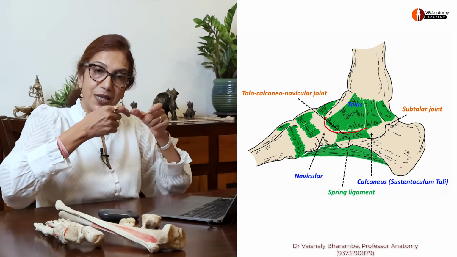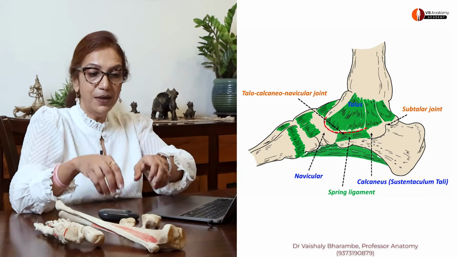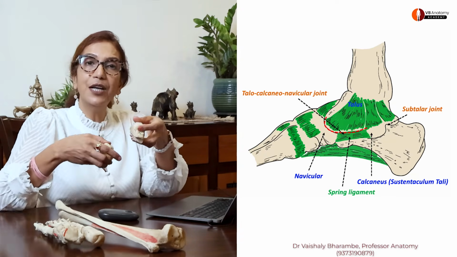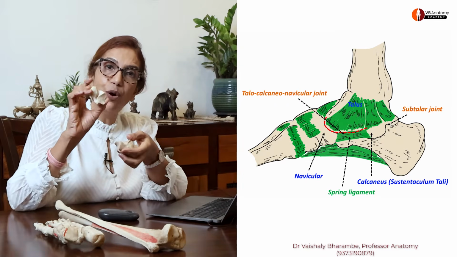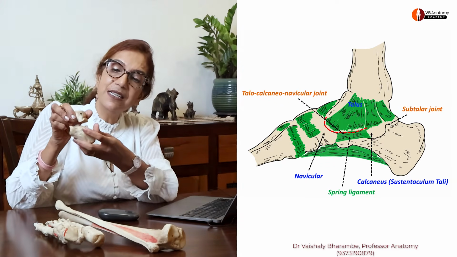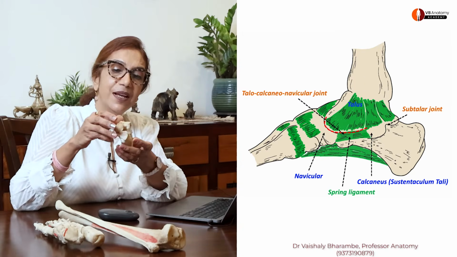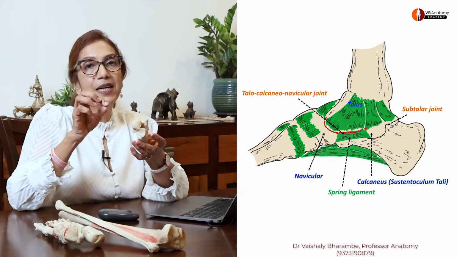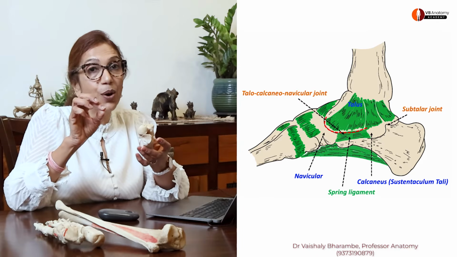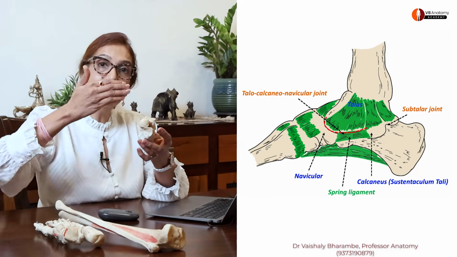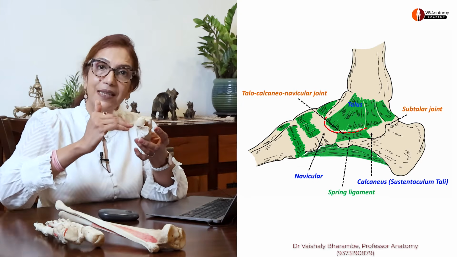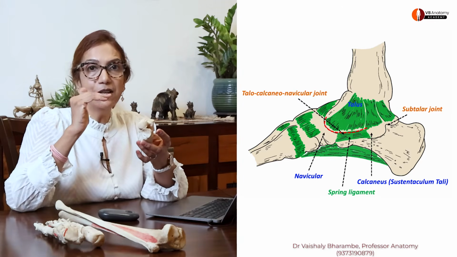But the posterior joint that is formed between the posterior articular surface of calcaneus and the posterior articular surface of the talus, okay, this is called the subtalar joint. What is it called? Subtalar joint. Sub is below the talus, subtalar joint.